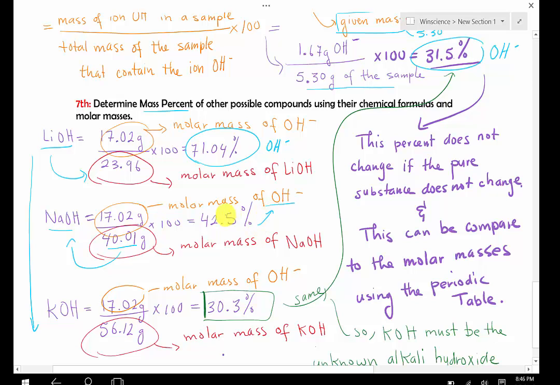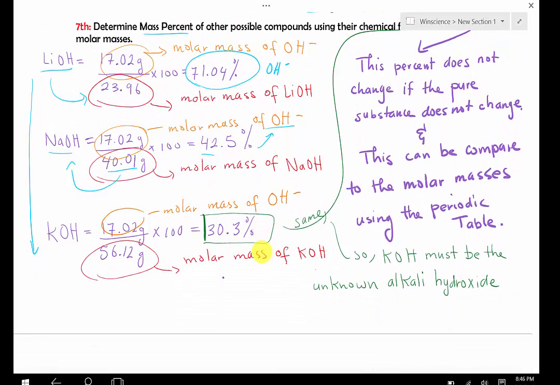That's how much hydroxide is in an NaOH sample. And then we have KOH, or potassium hydroxide. Here again, 17.02 divided by 56.112 grams, the molar mass of potassium hydroxide, and it turned out to be 30.3% hydroxide.